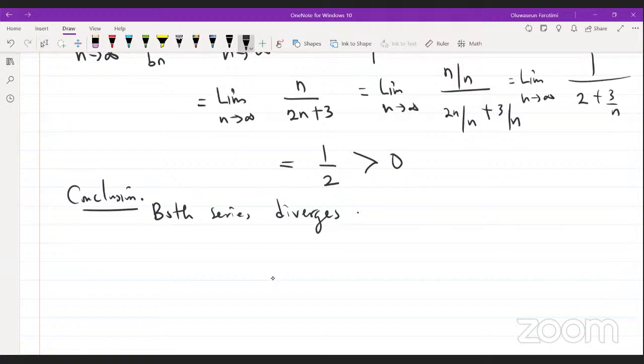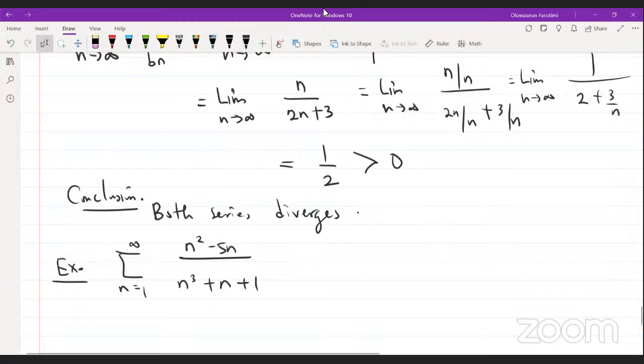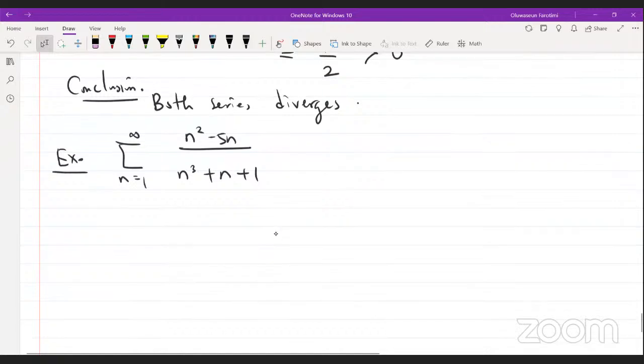Now let's look at another example. The sum for n from 1 to infinity of n squared minus 5n divided by n cubed plus n plus 1. How do I go about this one? Again, we want to test for convergence or divergence.